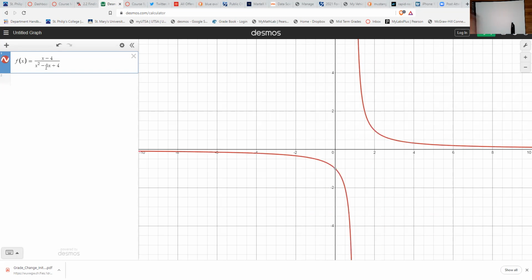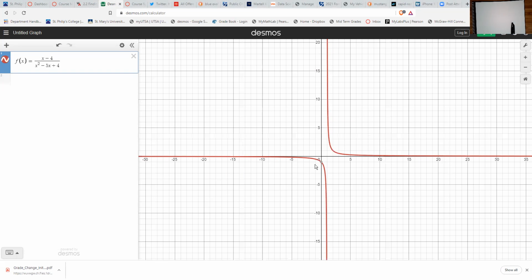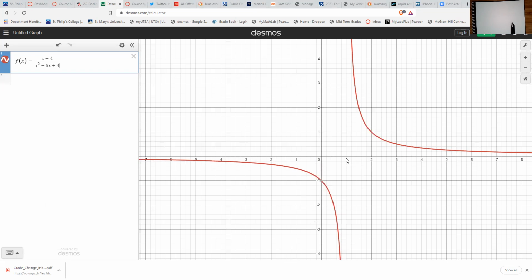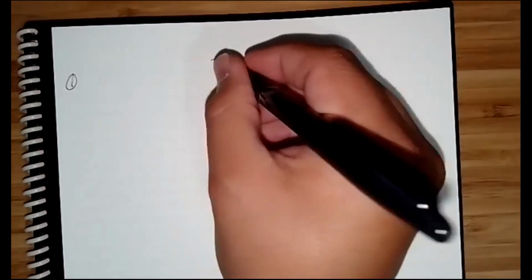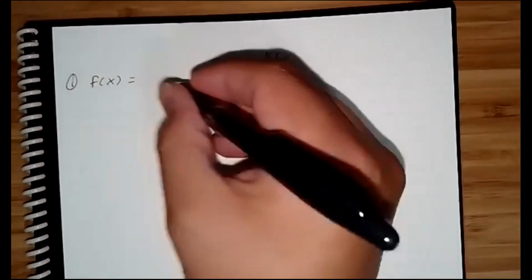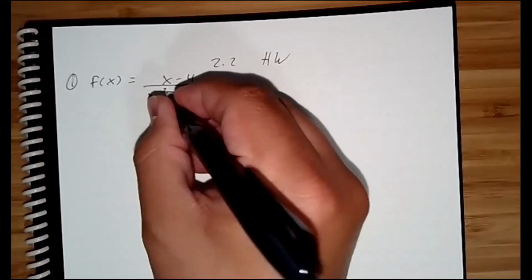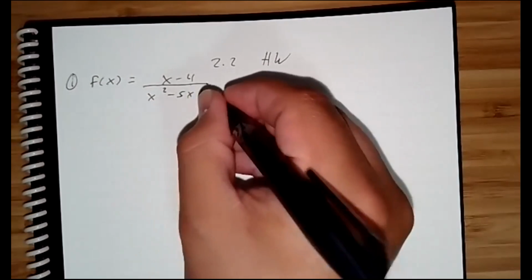Okay. So notice how every point is okay on this function, right? Except it looks like 1. Now, if we factor it, we might be able to cancel something. Let's do that first real quick. So f of x is equal to x minus 4 over the bottom.